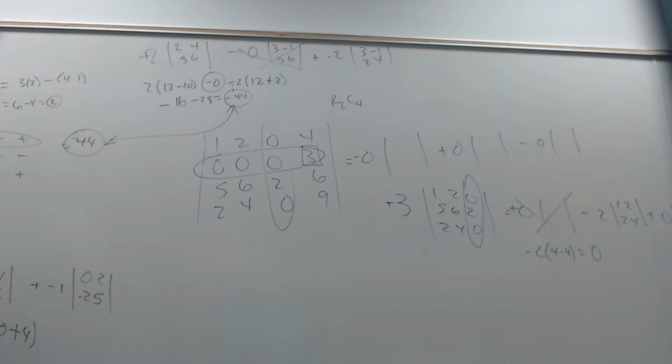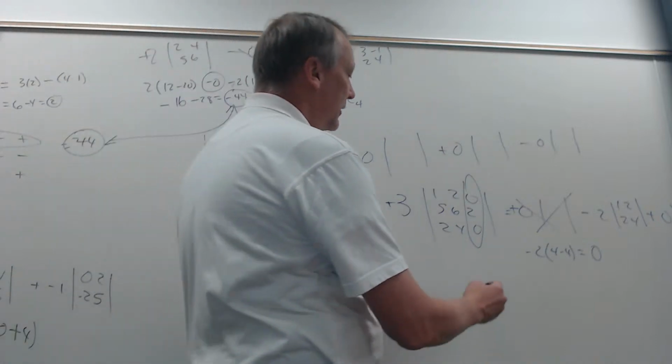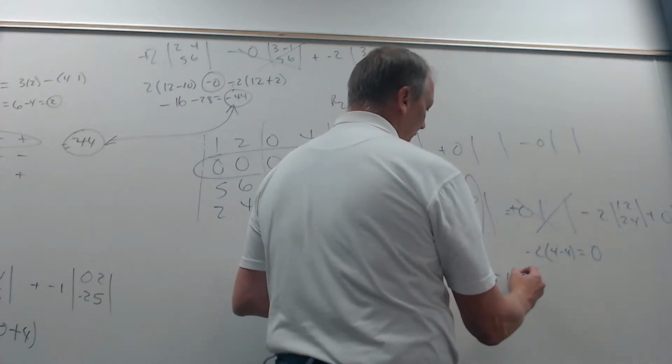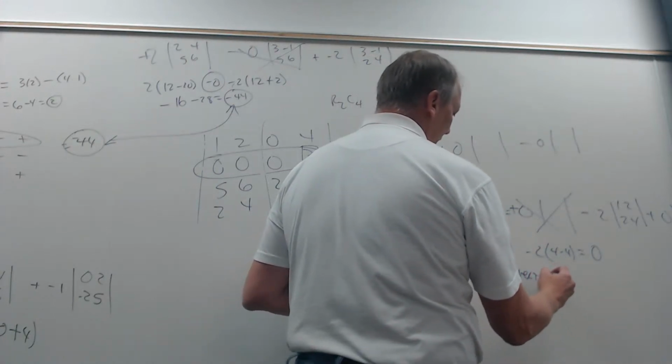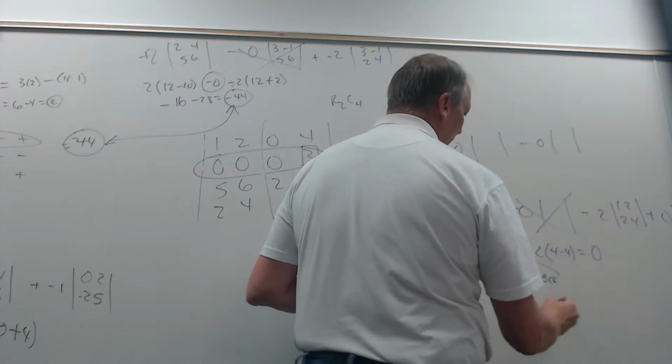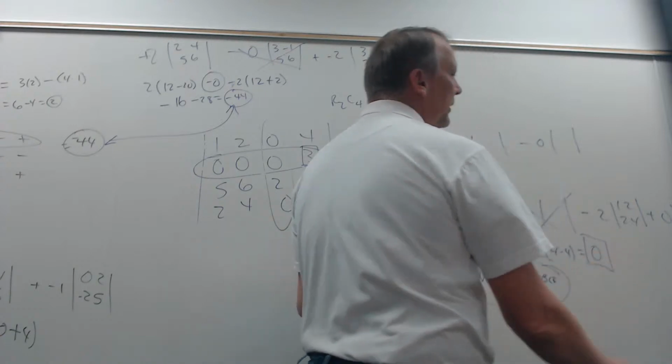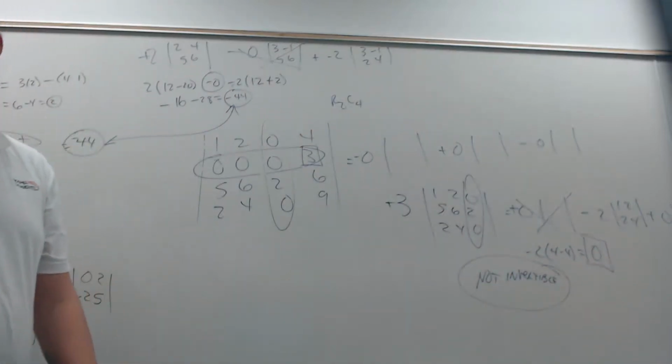You were talking about inverse matrices, and I said it didn't matter. It does. This is not invertible, I was right from the beginning. If your determinant is 0, you can't find an inverse matrix.